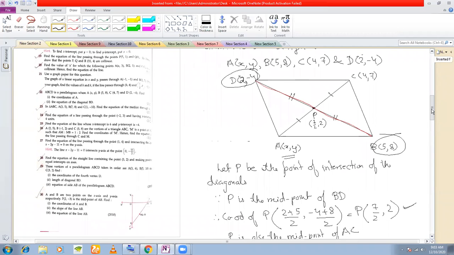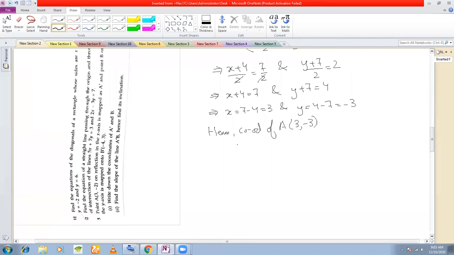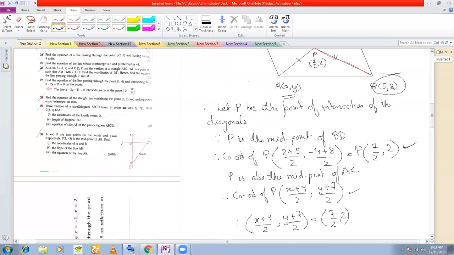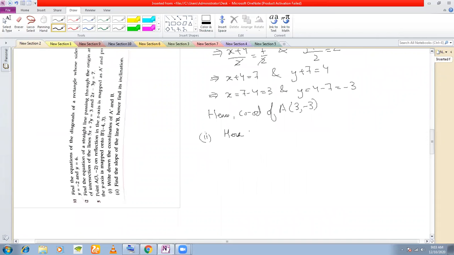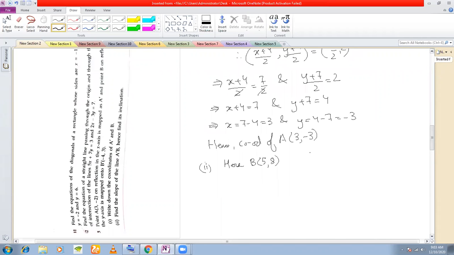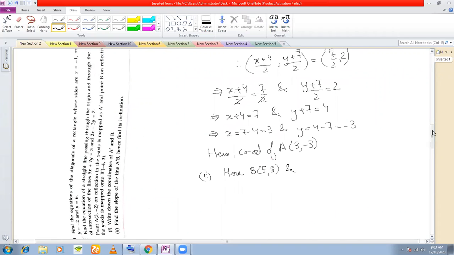So first list the coordinates of B and D. B is (5, 8), for the second part of the question. This was the first part of the question. Here B is (5, 8) and D is (2, minus 4).